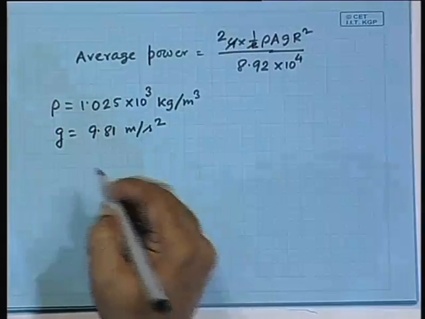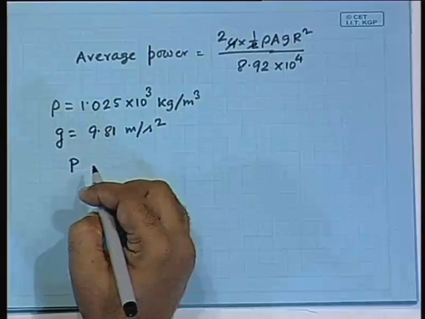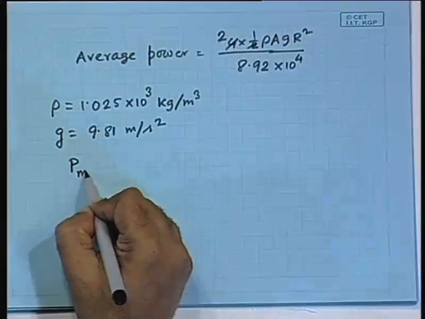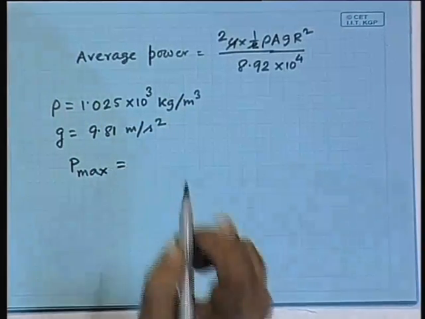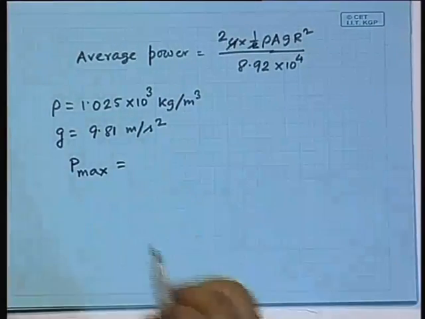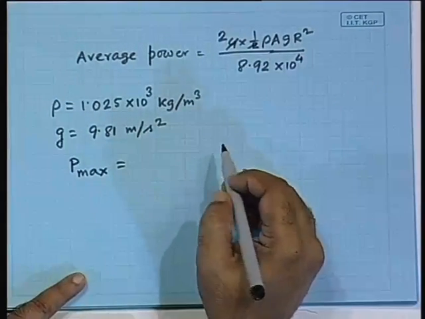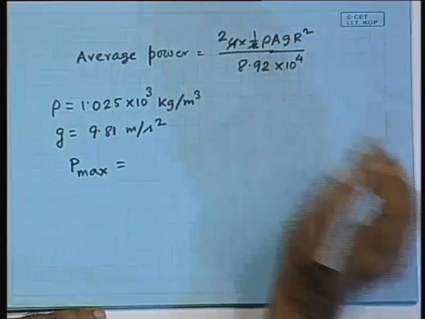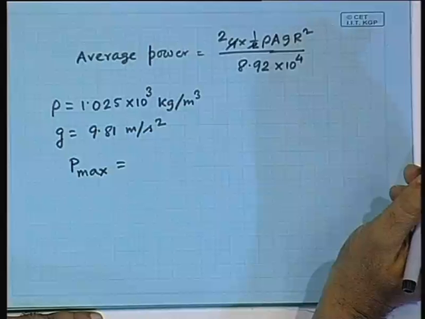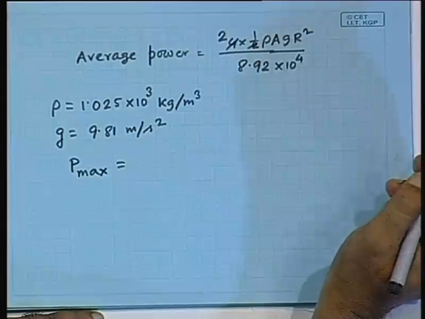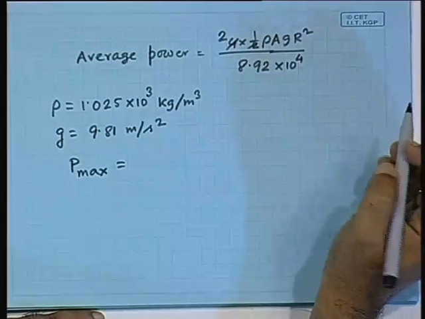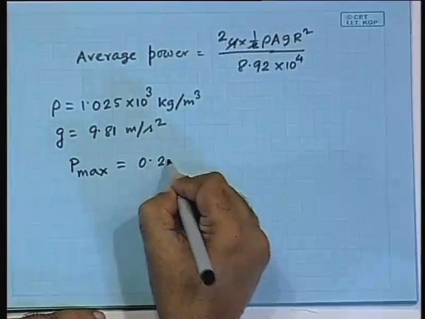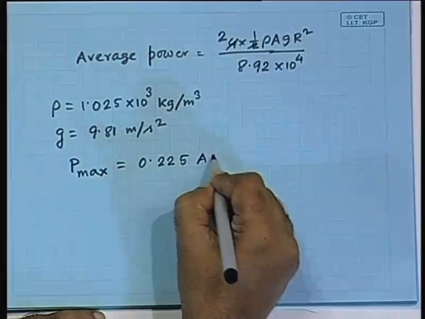So, this gives you P, we give the nomenclature P max, because this is the theoretical maximum that you can generate, right. So, can you just substitute this and tell me the values, something times A r square. No calculator? It comes actually to be 0.225 A r square.